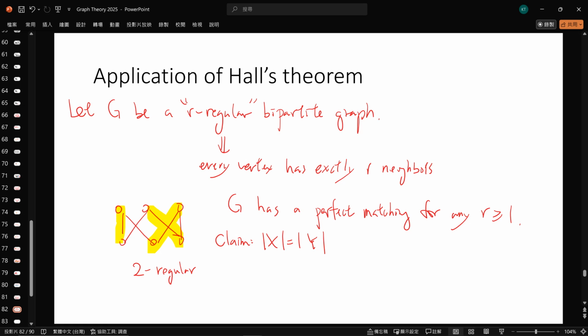From this example, you can see clearly that X and Y both have three vertices, so they have the same size. We want to show that in general this is true for all R regular graphs when R is at least 1.